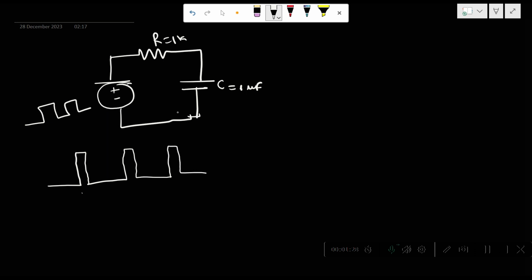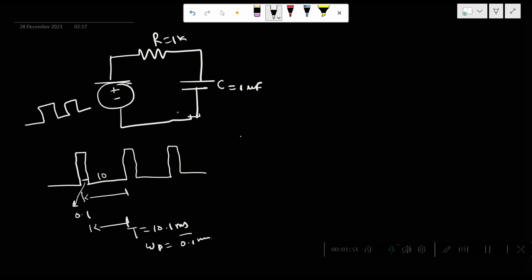If you consider one time period, from here to here, this part is 0.1 and this one is 10. So the total time period is T equals 10.1 millisecond, and the pulse width WP or T on is 0.1 millisecond.